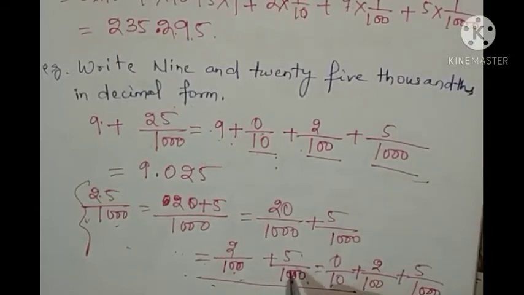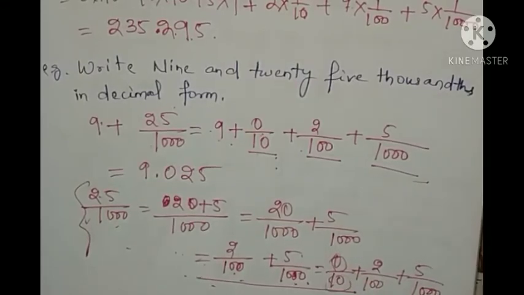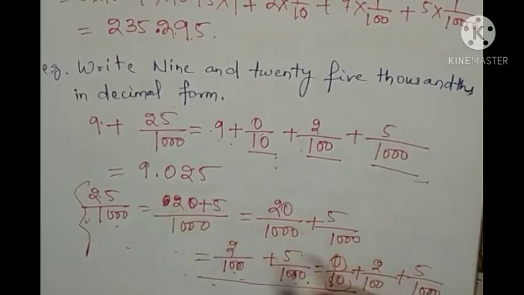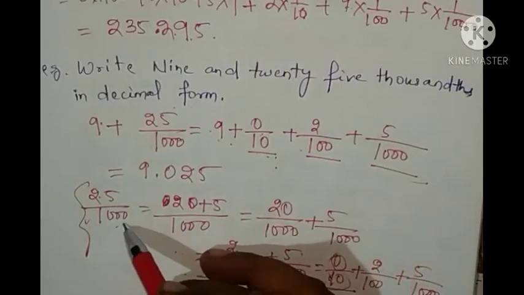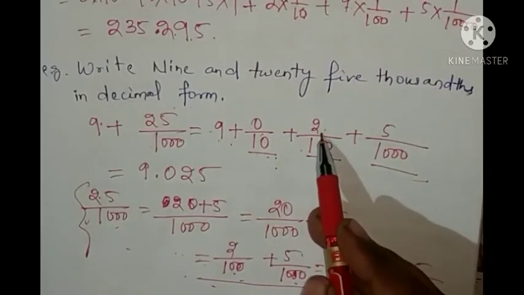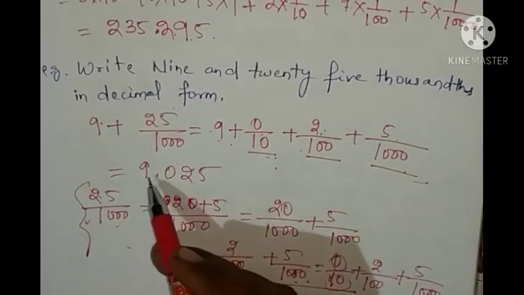Okay, so this 0 will come because in 10th place no number is there. That's why you write 0 by 10. Then 2 by 100, 2 is in 100th place and 5 is in 1000th place. That's why 9.025.